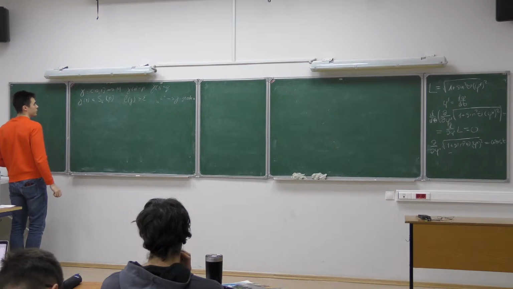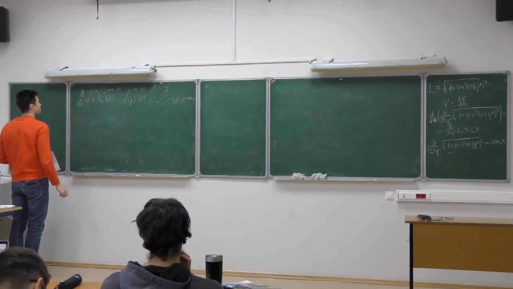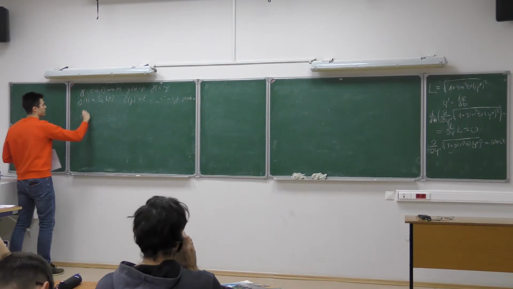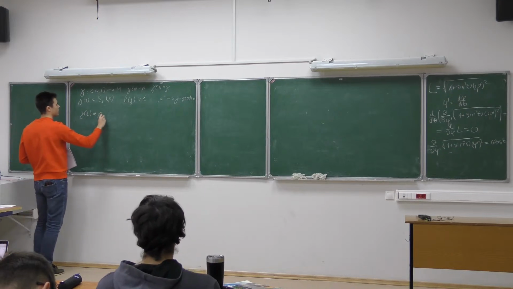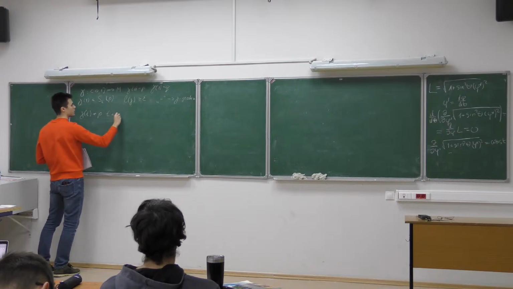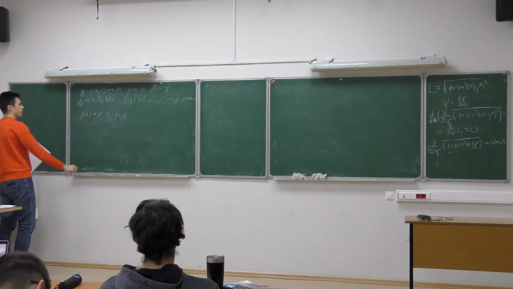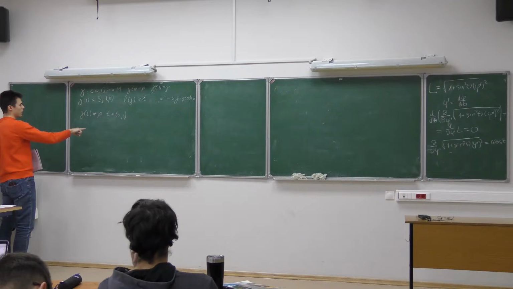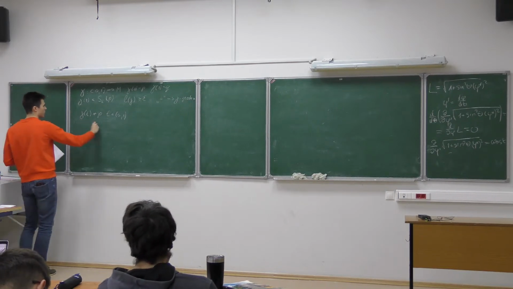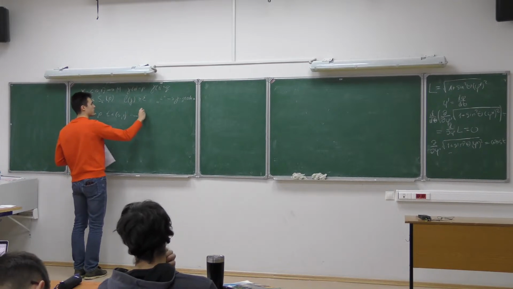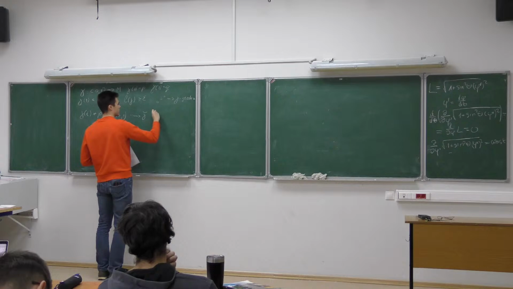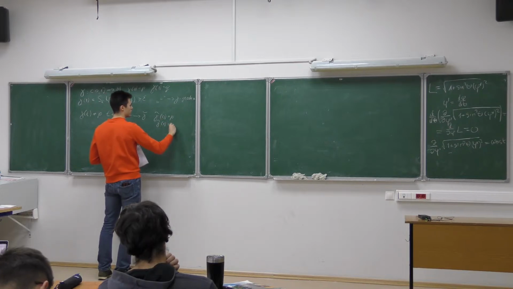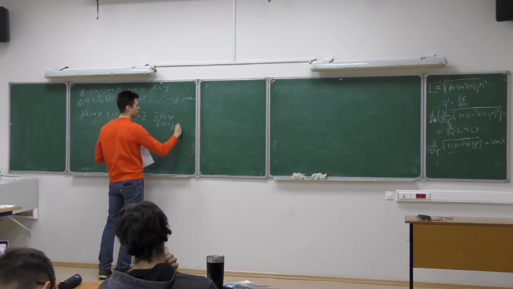So without loss of generality, we can say that gamma of t is not equal to p for t from 0 to 1, because if we have such a situation, we can construct another curve, such that it is p at 0 and at 1 it is equal to gamma of 1, which is equal to q.